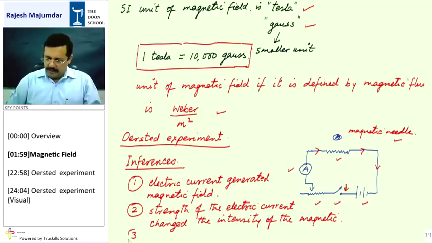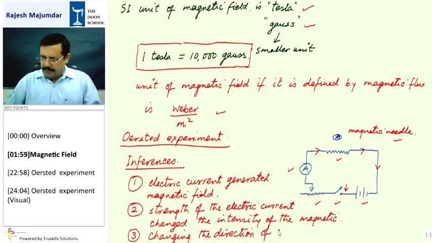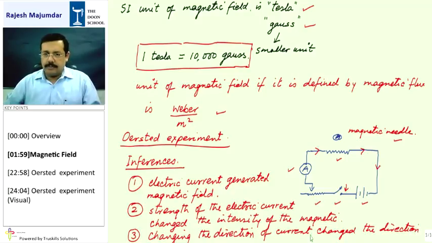And the third one is: changing the direction of current changed the direction of the magnetic field.